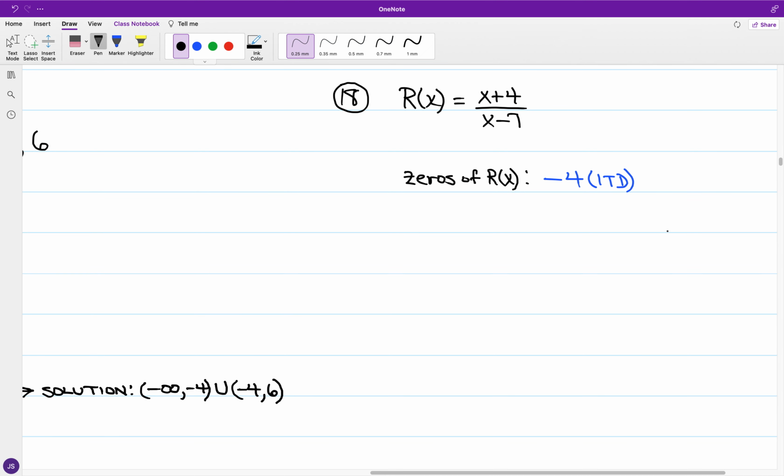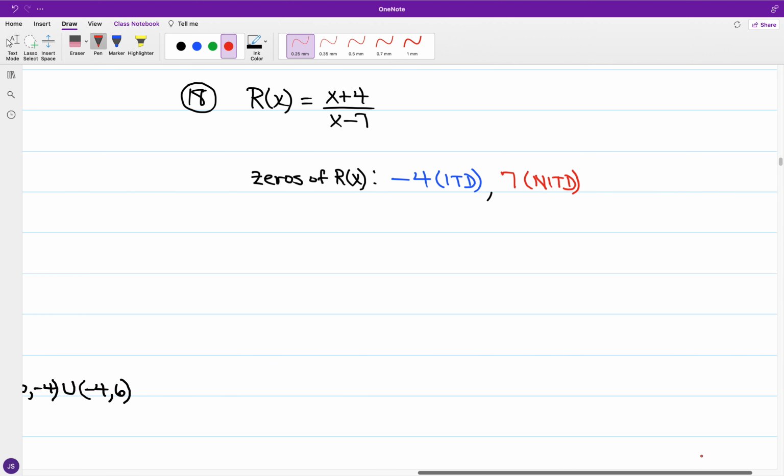And for the other zero, we have x minus 7 in the denominator. If the denominator is equal to 0, the rational function is undefined. So this other zero is not in the domain. Looking at setting up the intervals centered about these zeros, between negative 4 and 7, comparing the zeros, negative 4 is the smaller.